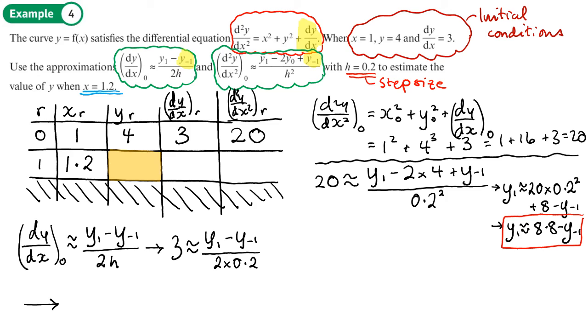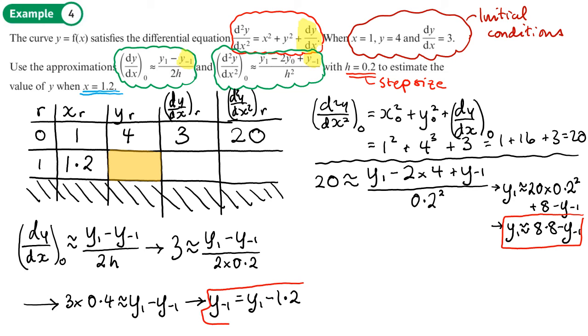So I would have 3 times 0.4 is approximately y1 minus y negative 1. Rearranging that to make y negative 1 the subject so I can just substitute it in, I will have y1 minus 1.2.